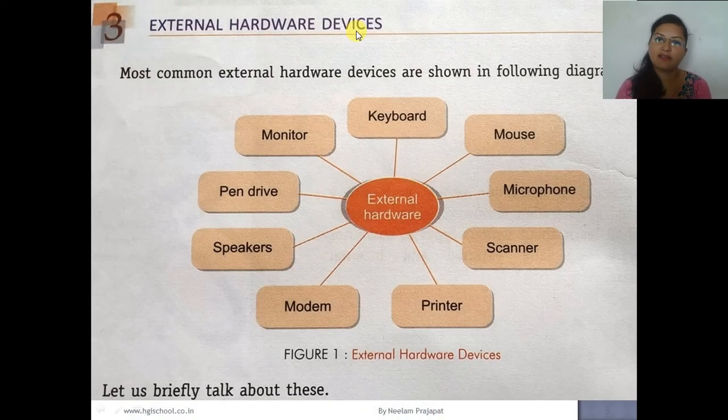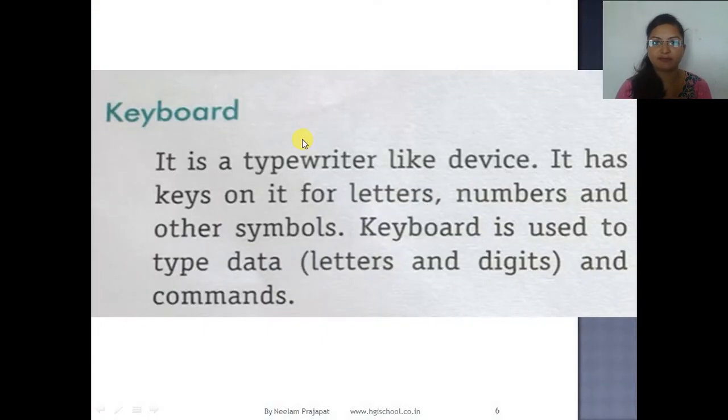Now external hardware devices. These are some examples of external hardware devices. You can see keyboard, outside the computer, mouse, microphone, scanner, printer, modem, speakers, pen drives, monitors, etc. So first of all, we'll study about the keyboard.